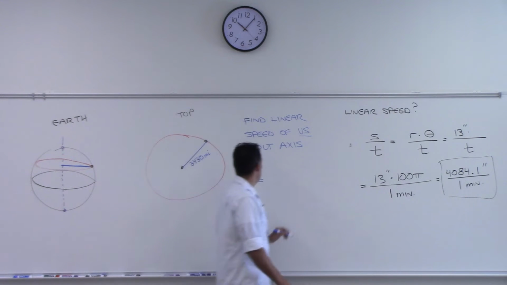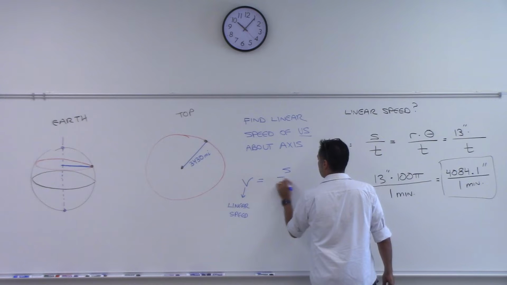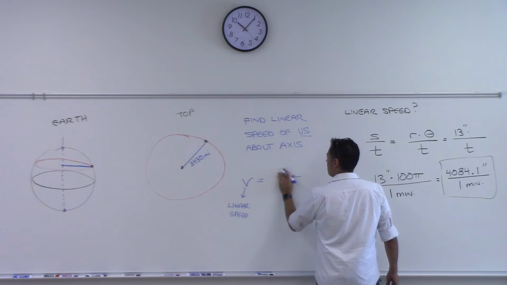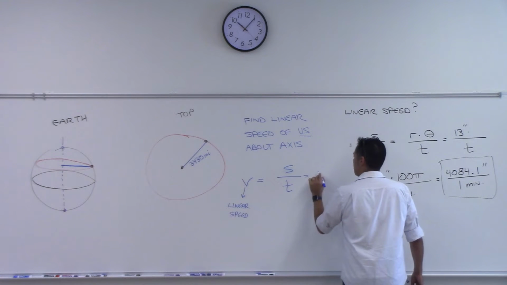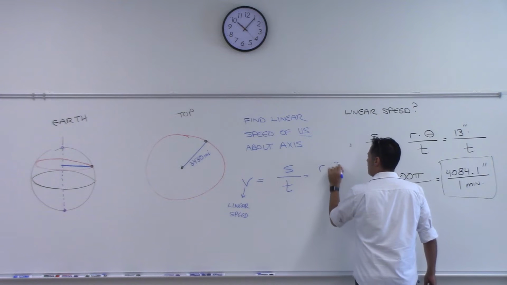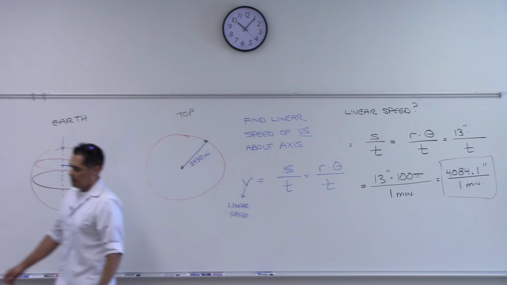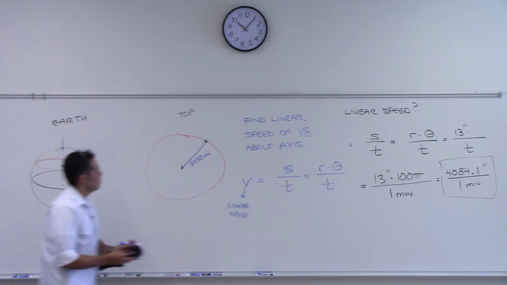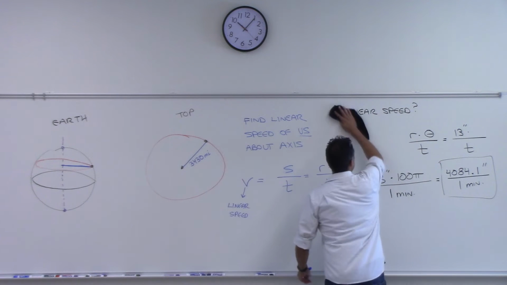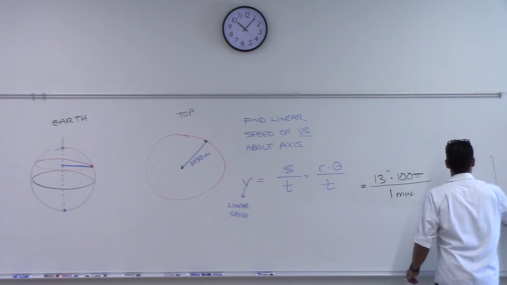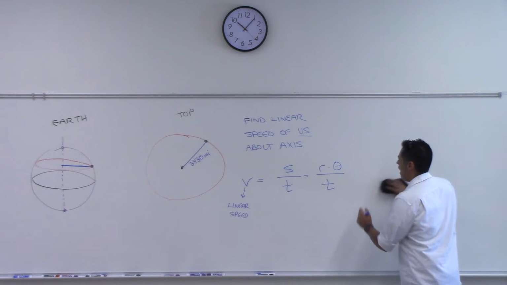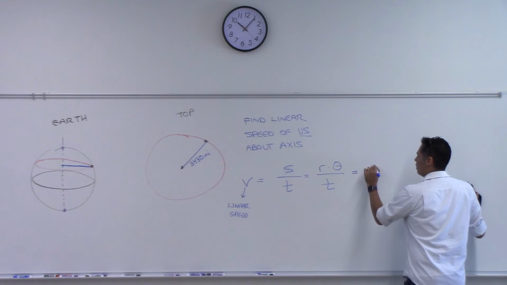So v is s over t. But s is what? r times theta. We have that formula over t. Do we know our radius? Yes. Do we know the angle?